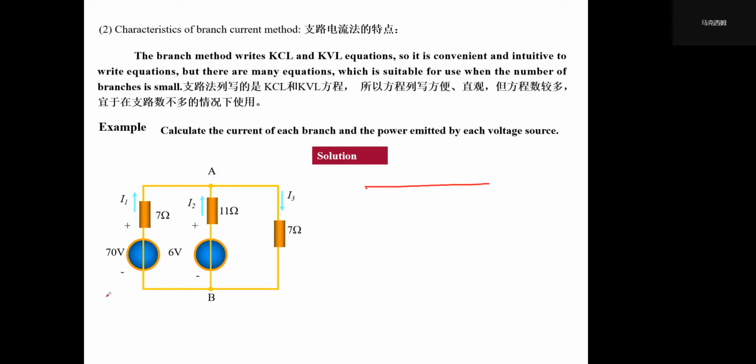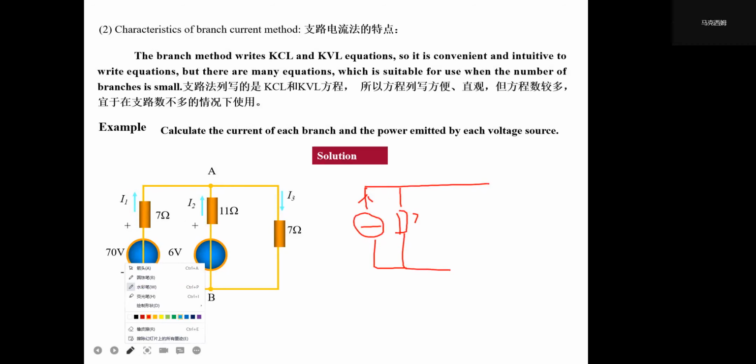The first loop, loop 1, into a current source together with a resistance, and that is a 7 ohm resistance. And the second loop, we also could transform it like this.